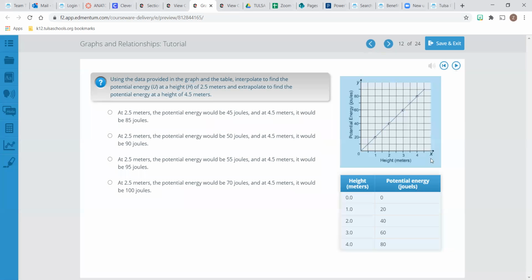So h is our x-axis, height. Potential energy, U, is our y-axis. Here we're given the graph points and then the actual graph itself. So which of these are correct?